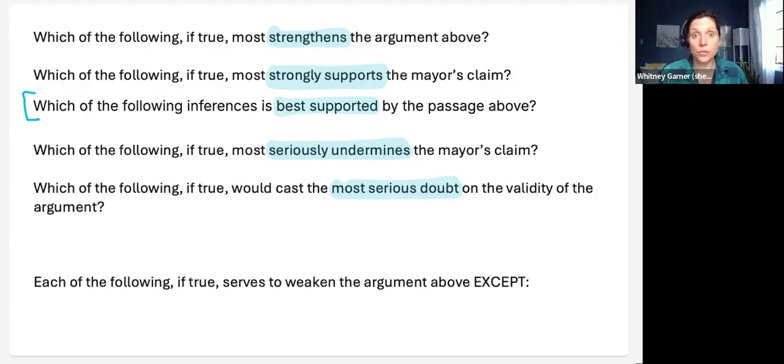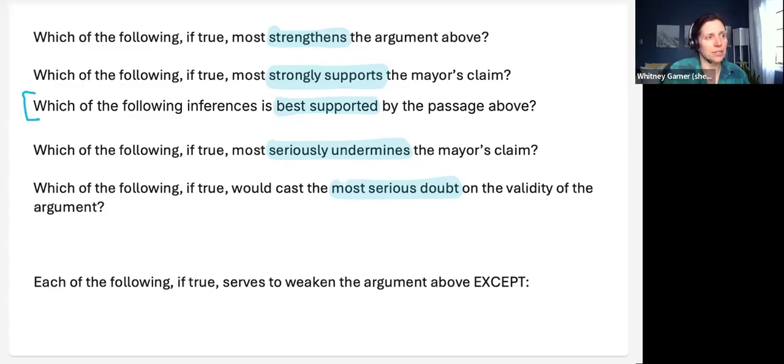But is that a strengthen question? What do you think? It says the word support. So we need to look at this.